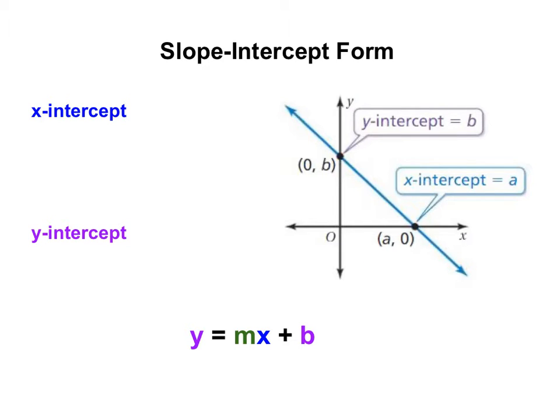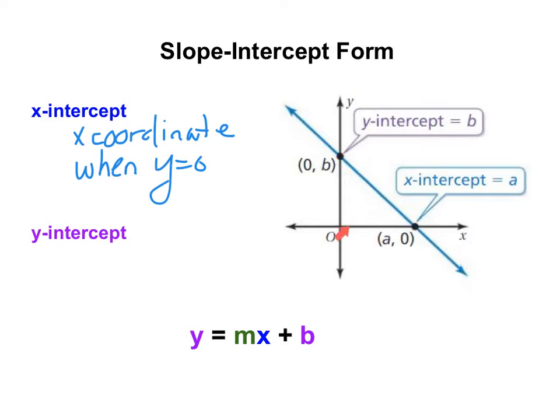What that means is that at the x-intercept, the x-coordinate is your intercept when y is equal to 0. As you can see from the graph, when y is 0, we're right here on this line. The x-intercept is the point where the line crosses over the x-axis.